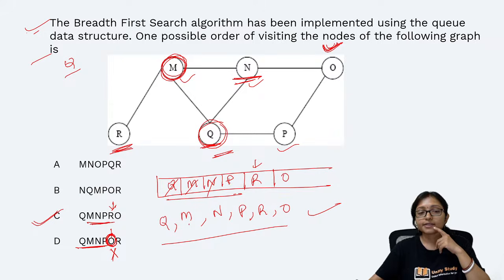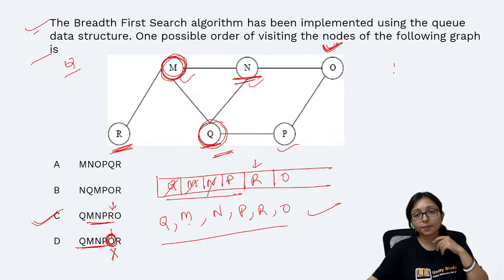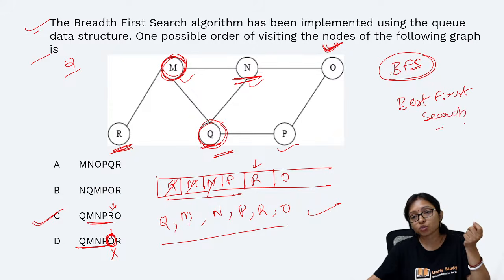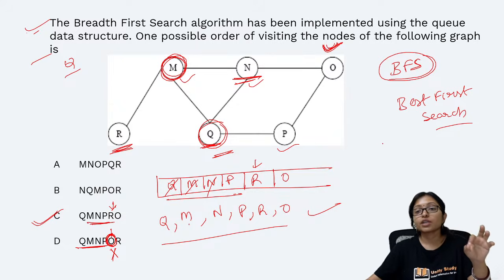Is this clear? Why and how to handle it? Mainly the questions are coming from BFS, and there is a high chance you can also get best first search. You can get best first search also. In the same way you need to apply it, just insert according to priority.